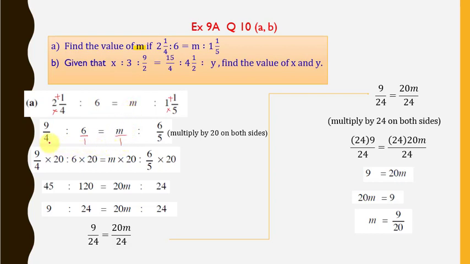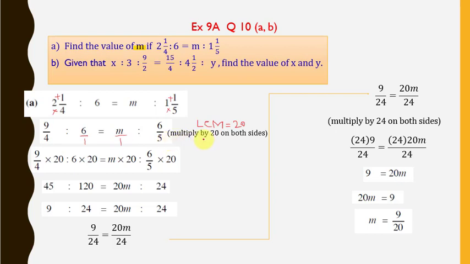But if you look at the denominators on the left and the right hand side, you can see that here we have 4, 1, 1 and 5. We will take the LCM of all these terms and the LCM will be 20. That is the LCM of 4, 1, 1 and 5.